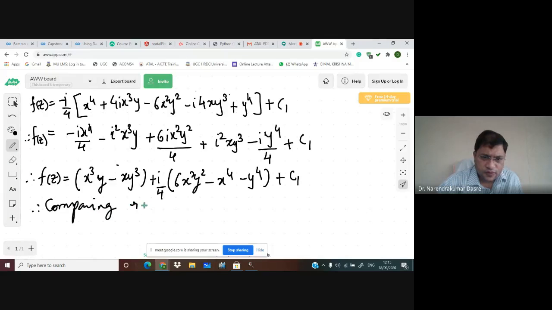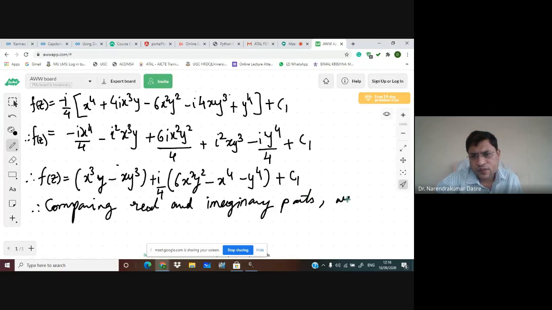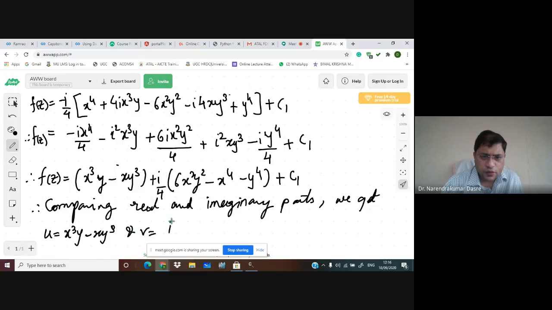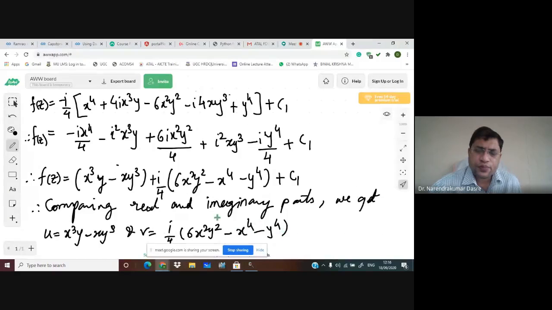Okay, so what we can have is, hence we can say, comparing real and imaginary parts we get. So what we are able to get here, see, u is equal to, this is our u, so x cube y minus xy cube, and v is equal to i by 4 times 6 x square y square minus x raised to 4 minus y raised to 4.